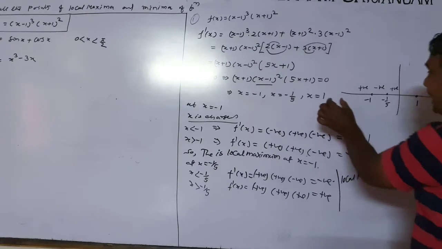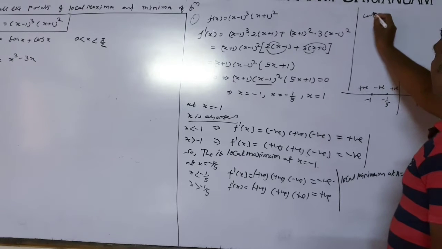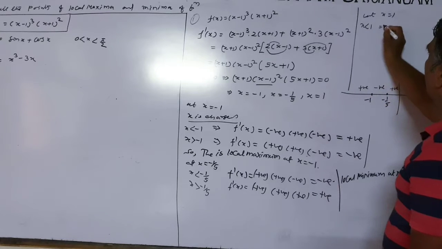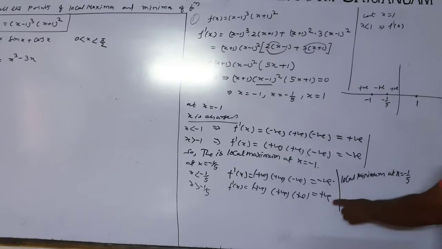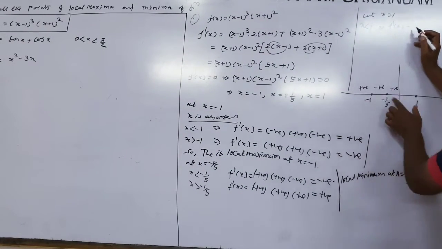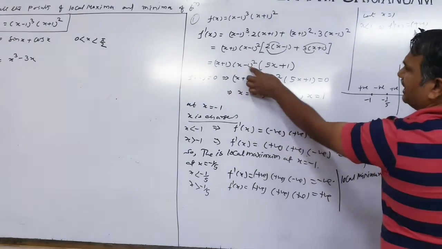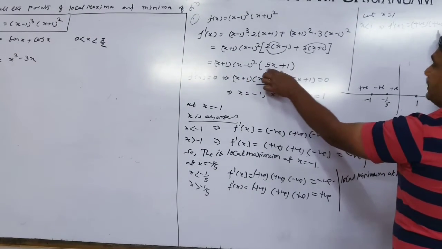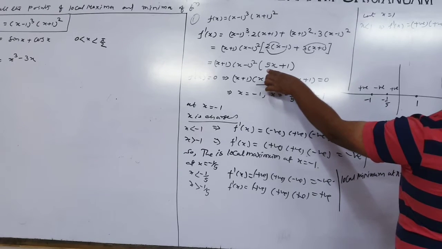Now another point is at x equal to 1. Now the third one: let x equal to 1. So x is less than 1. What is f dash x? Less than 1, but greater than -1.5, this is positive. The square is always positive, and here less than 1 is also positive, so the total is positive.